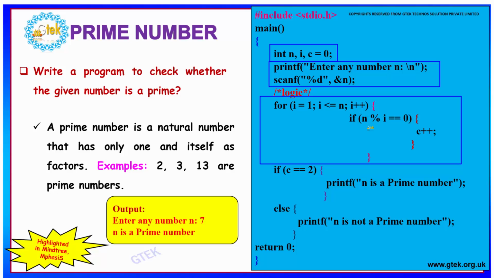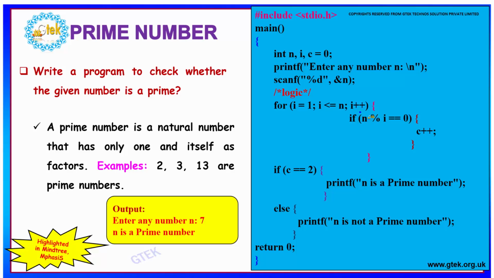We are dividing the number, say 7, with each and every value of i up to 7. The condition states that if the remainder is equal to 0, which means any number between 1 and 7 divides 7, then your c value will be incremented.